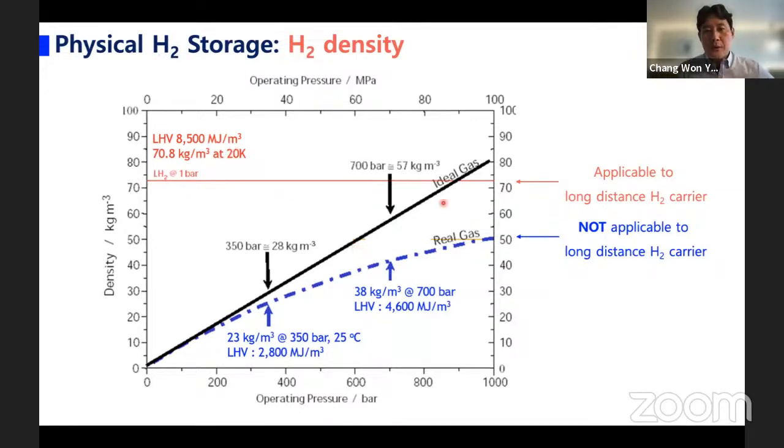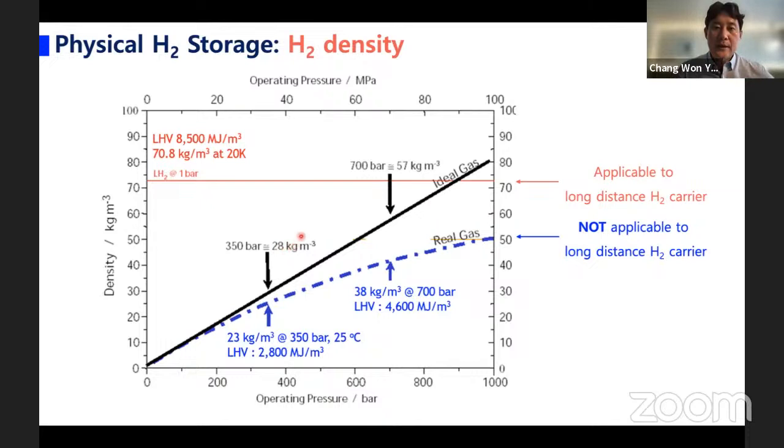But let's see the pressurized technology. Ideally, if we pressurize hydrogen to 350 bar, then we can store 28 kilograms per cubic meter. Then if we pressurize this hydrogen to 700 bar, which is double the pressure, we can store 2 times more hydrogen, right?